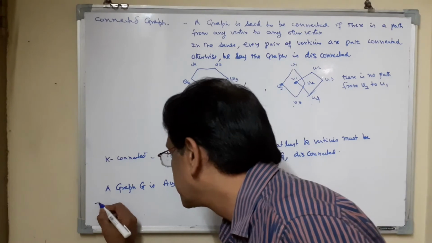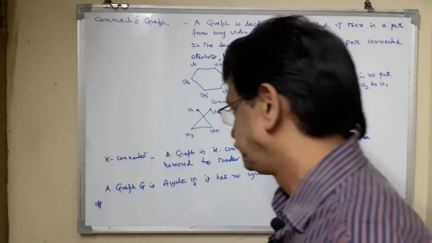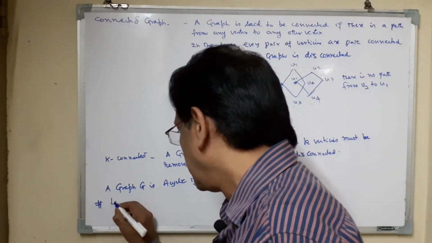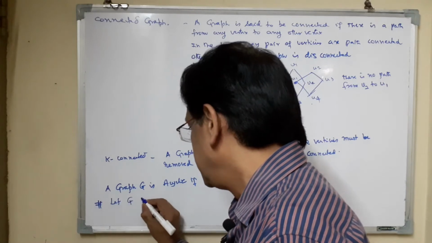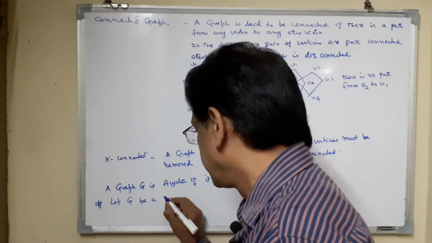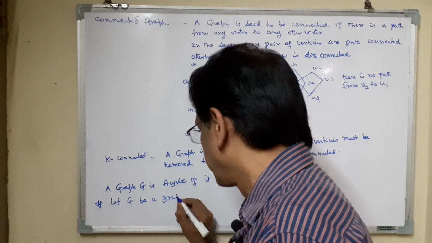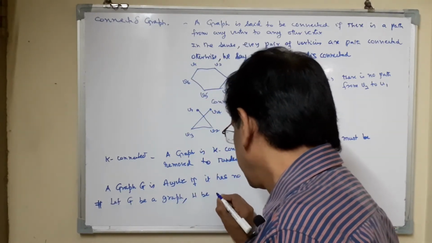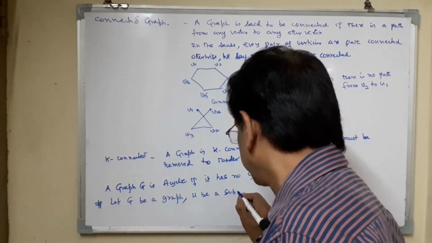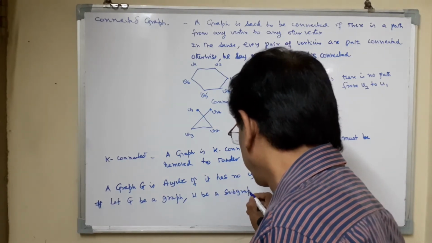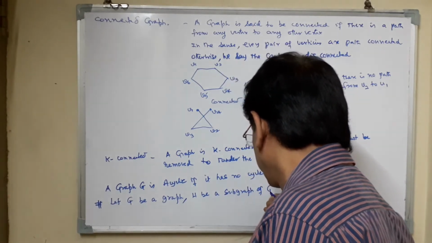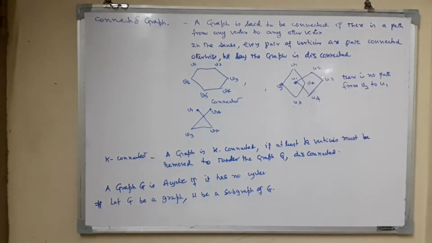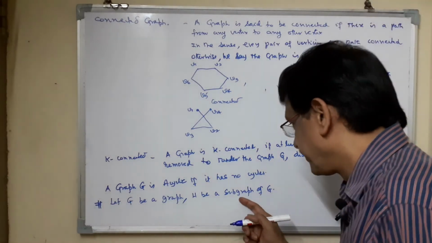A very important concept is, let G be a graph. H be a subgraph of G. Look at the definition. We have a graph, we have a subgraph.